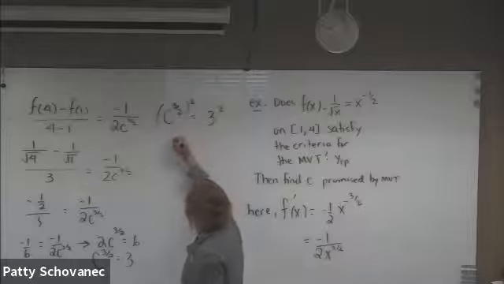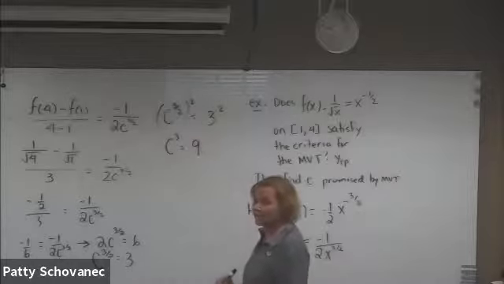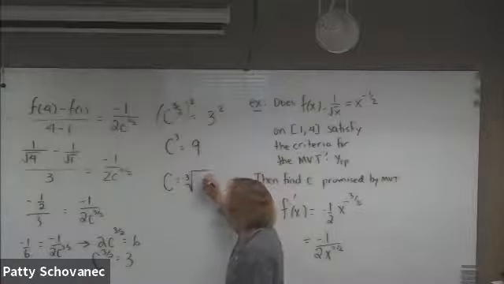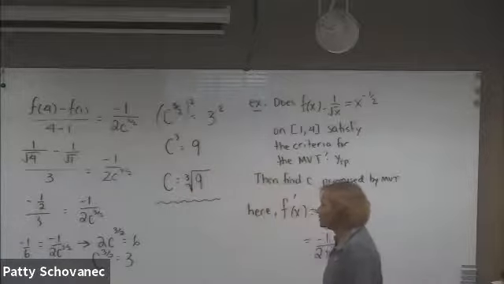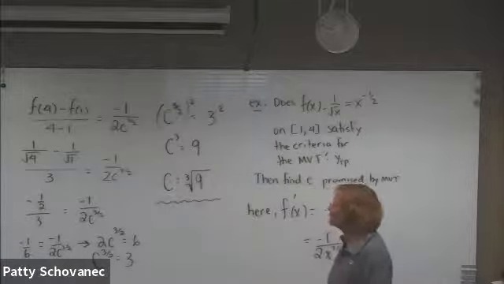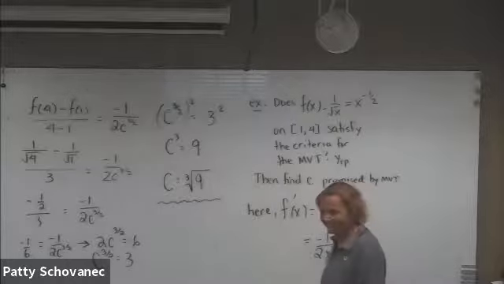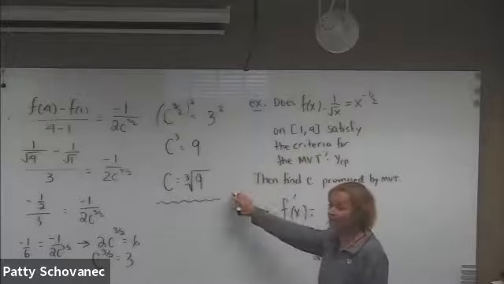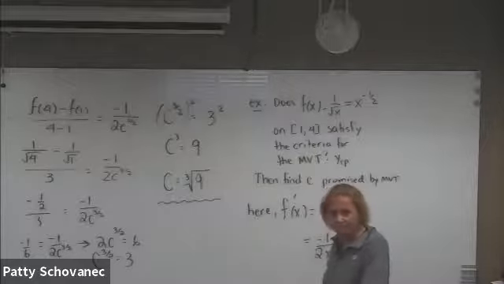Raise a power to a power, you multiply exponents. I get c cubed is 9, and now I take the cube root. Cube root of 9 should be bigger than the cube root of 8, so it's 2-ish. 2-ish is in there. It said be a nice number. It just said there's going to be something in here at which the derivative is the same as the slope of the line through the endpoints.